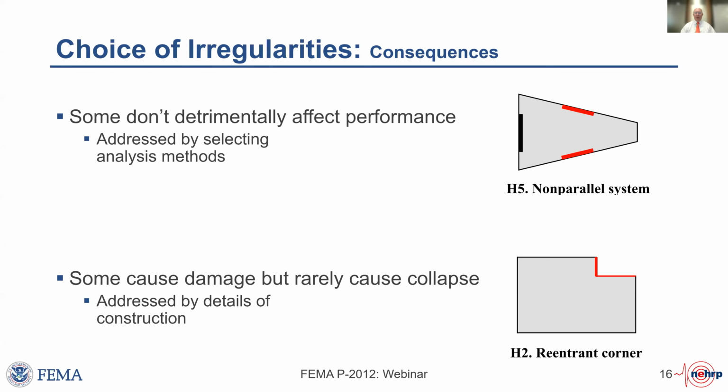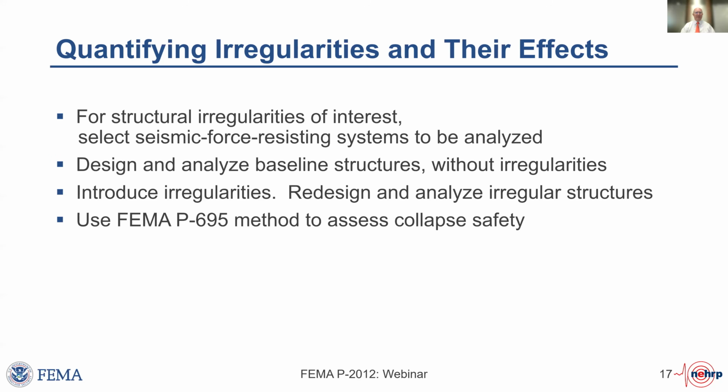Frankly, earthquakes always shake buildings in all three dimensions, and so the fact that the systems are not laid out so that, say, north, south, and east, west response are somehow definable separately doesn't mean that the building will perform badly. Similarly, things like reentrant corners can cause increased damage and should be addressed as a result, but they rarely cause collapse. And so we could take off the table detailed assessments of those kinds of irregularity.